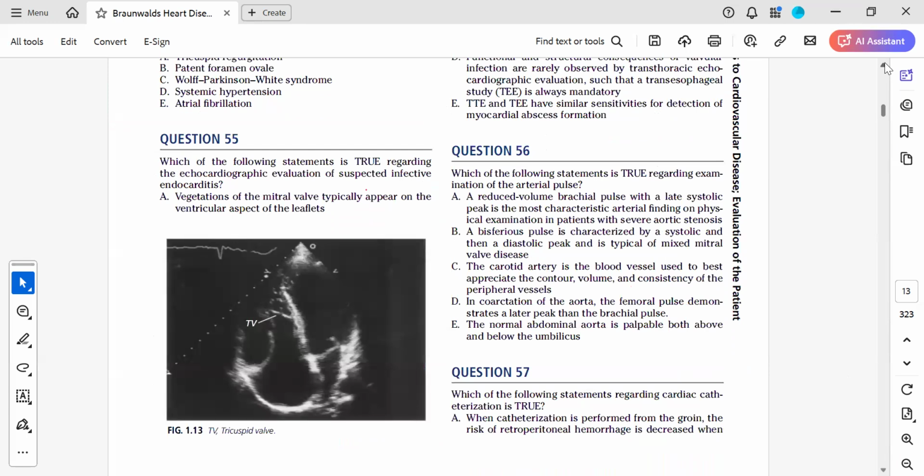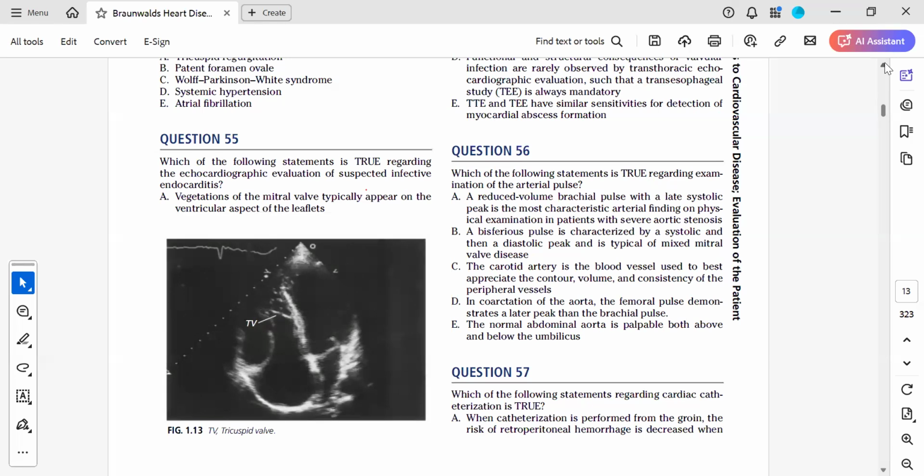Then there is pulsus bigeminy, in which the pulse is characterized by a normal beat followed by a premature beat, thereby creating a regular repetitive pattern.